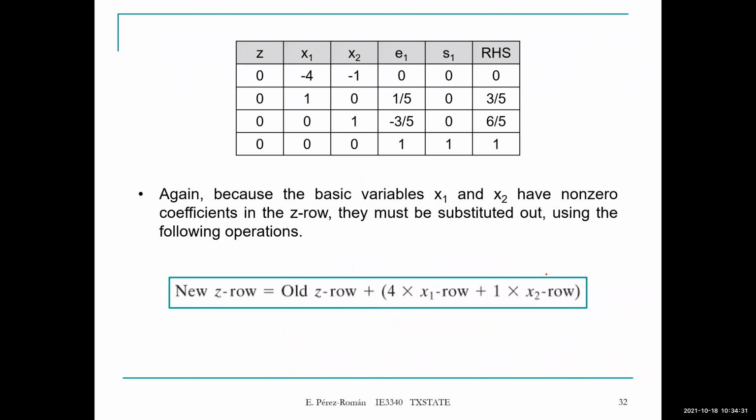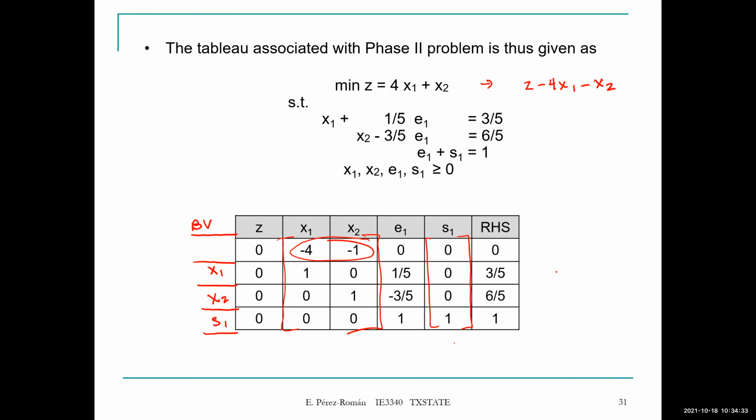So the solution for this problem is saying that x1 equals 3 over 5, x2 equals 6 over 5, and s1 equals 1. If you look at the objective function value for this table, this objective function value equals 0.